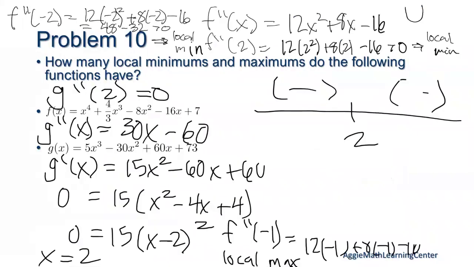On the other hand, if we have positive and then negative, that would mean that the function is increasing and then decreasing and would have a local max, right? Okay. So let's see what it's actually doing.